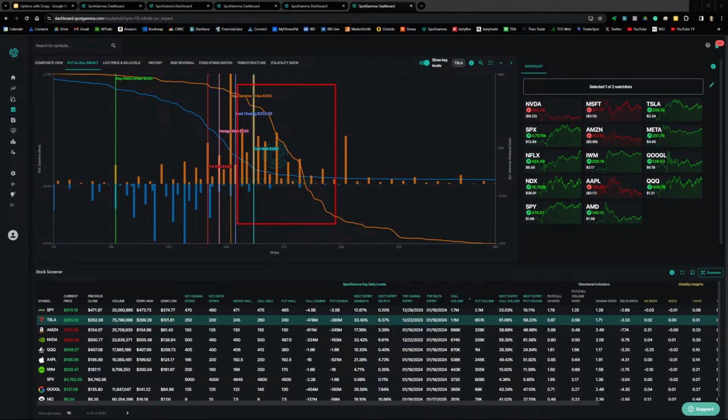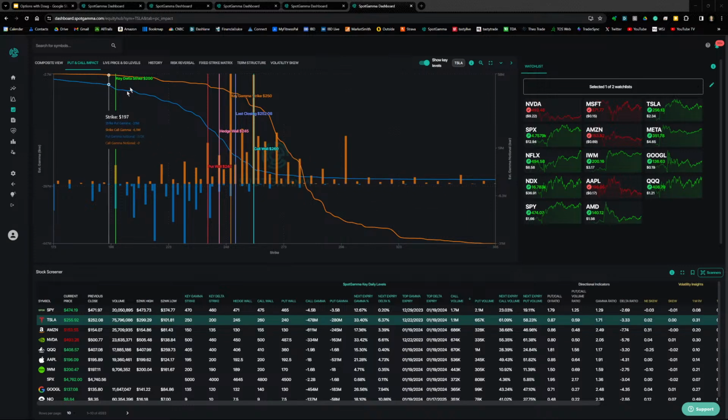And then it looks like it levels off maybe around 300. So according to this, there is potential for a move higher up to 300, although the call wall remains at 260.